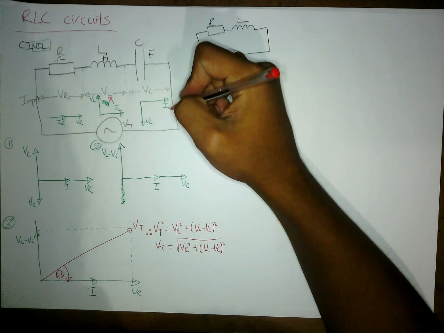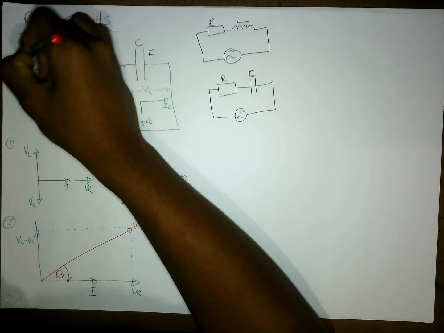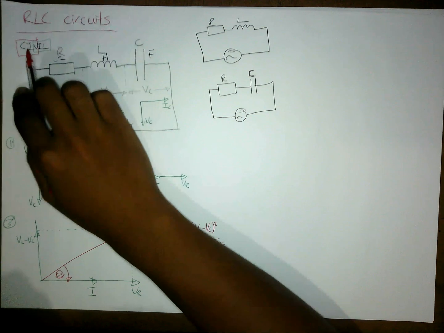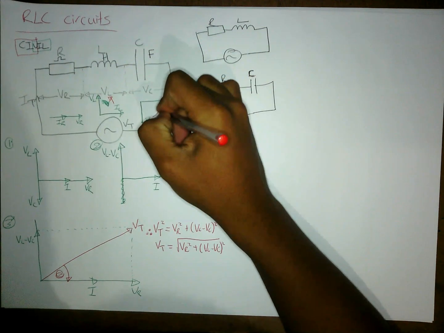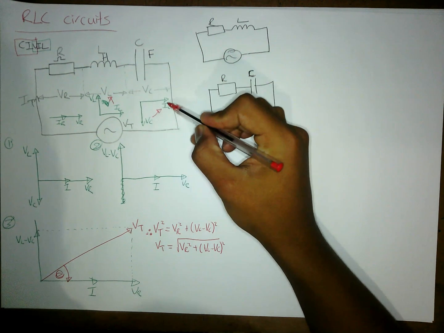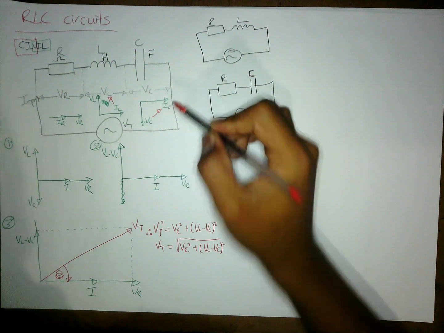For the capacitor, current is leading the voltage. So the current is ahead of the voltage, and the voltage is coming afterwards.